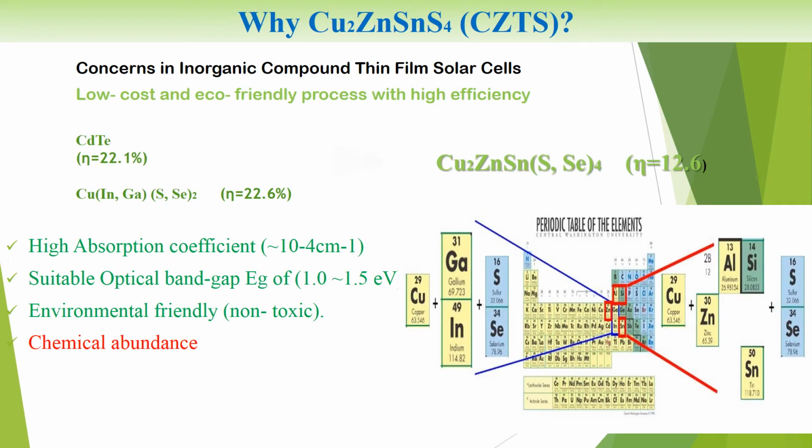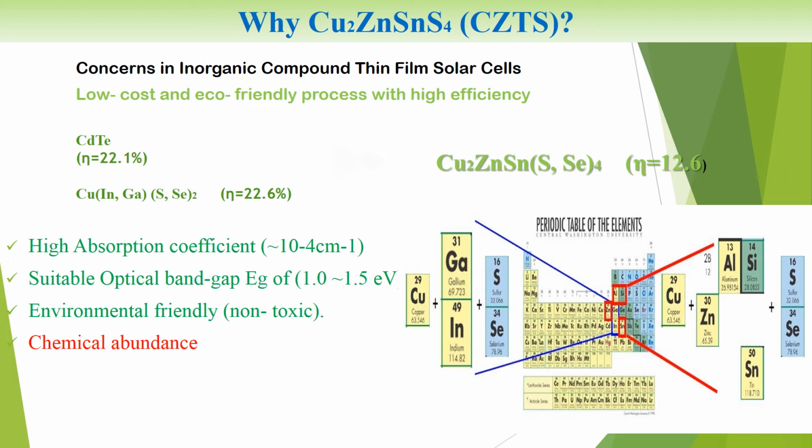So now to answer the question of why the CZTS thin films. There are many materials with high efficiency like cadmium telluride, 22.1% efficiency, or CIGS with 22.6% efficiency. But these materials are very expensive, not abundant in nature, and toxic or harmful to the environment.